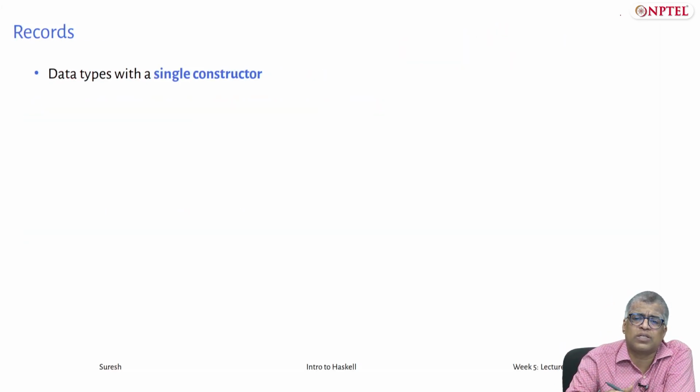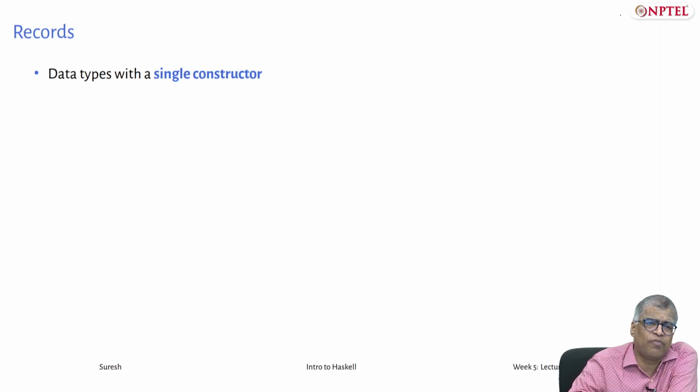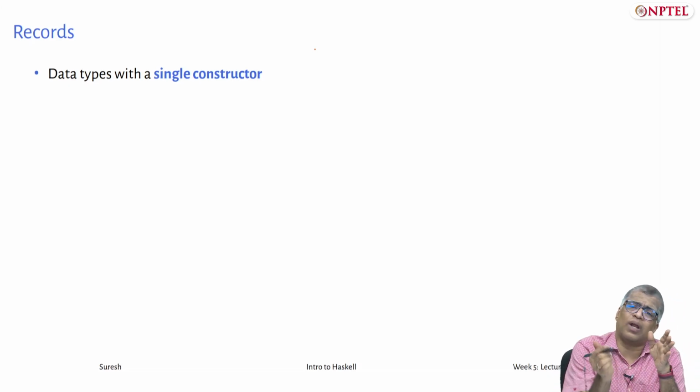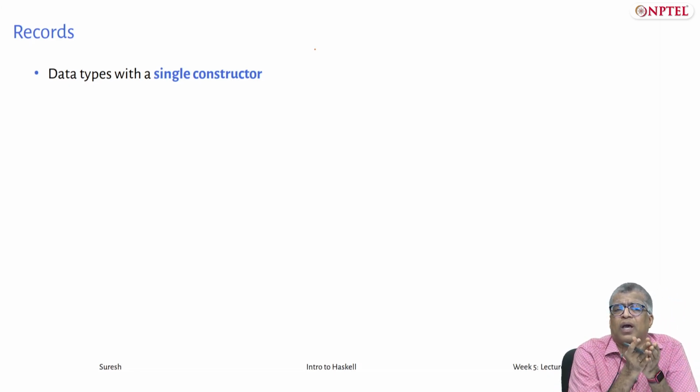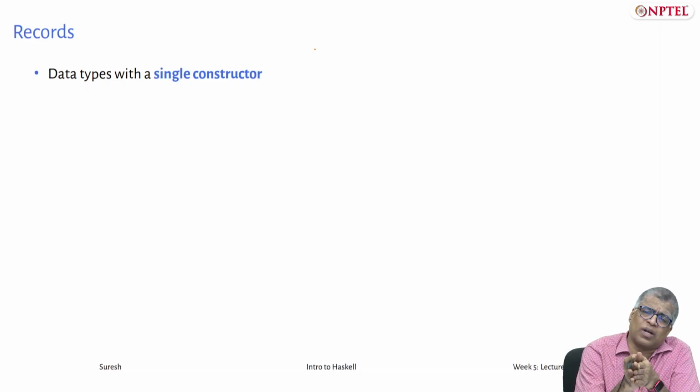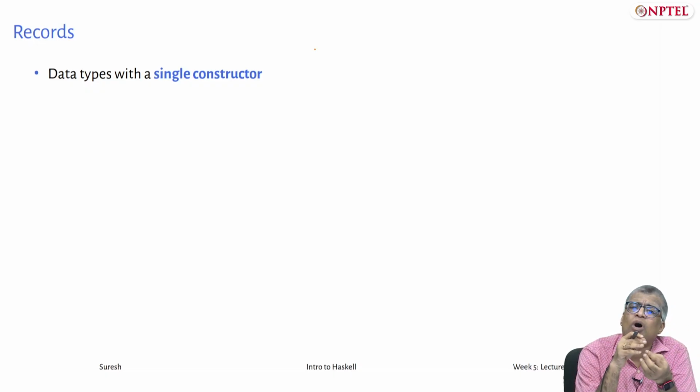Okay, and then let's just look at some syntactic variations here. Sometimes you might have a data type with a single constructor. So far we have seen data types where values can be of different kinds. So Shape is either a Circle or a Square or a Rectangle. Day is either Sunday or Monday or Tuesday, etc. An arithmetic expression is either a simple number or adding 2 other expressions or subtracting 1 expression from another or multiplying 2 expressions or dividing 1 expression by another.